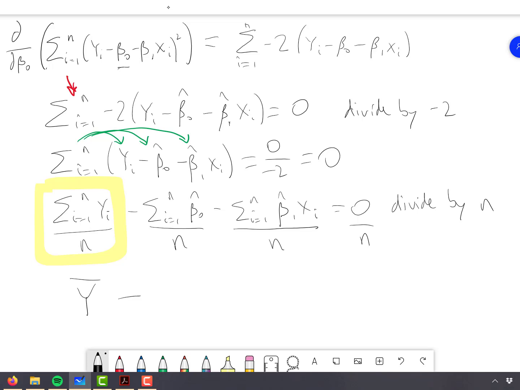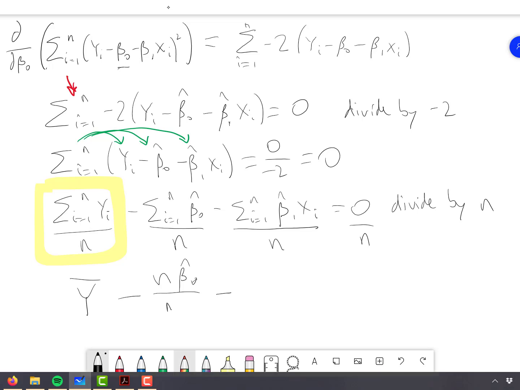What we can note here then as well, we'll take a few extra steps here, but we can say first that we really have n times beta naught hat. Again, beta naught hat is a single constant value, so really what we're saying with the sum of i equals 1 to n is that we're just adding it to itself n times. And of course, we'll still divide it by n here.